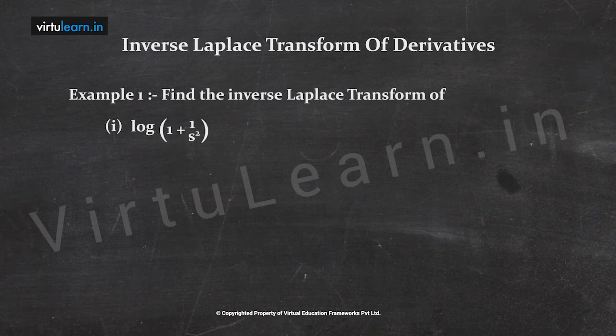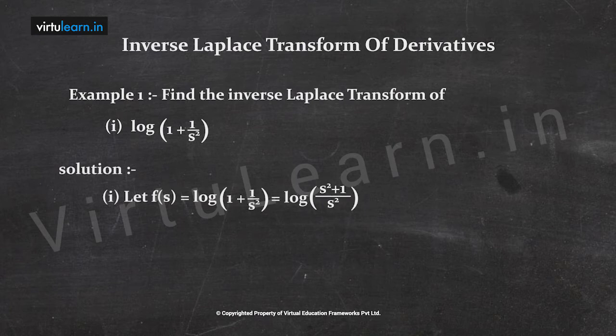Find the inverse Laplace transform of log of 1 plus 1 by s square. Observe this: f bar of s is given as log of 1 plus 1 by s square. If you observe log, tan inverse, or cot inverse, then you should apply this type of technique. Now f bar of s equals log of 1 plus 1 by s square.